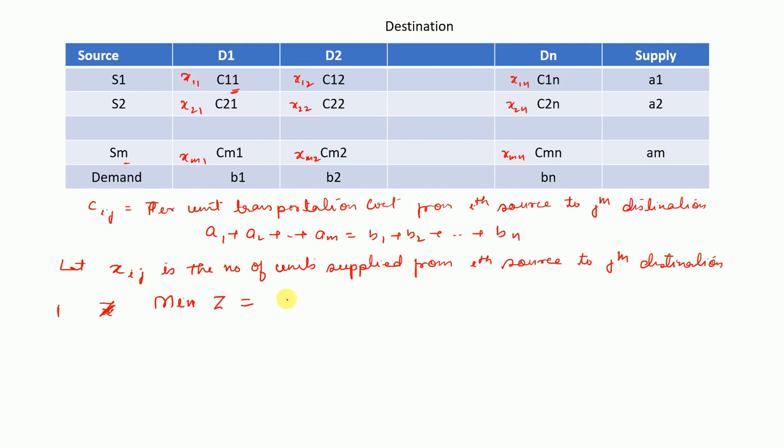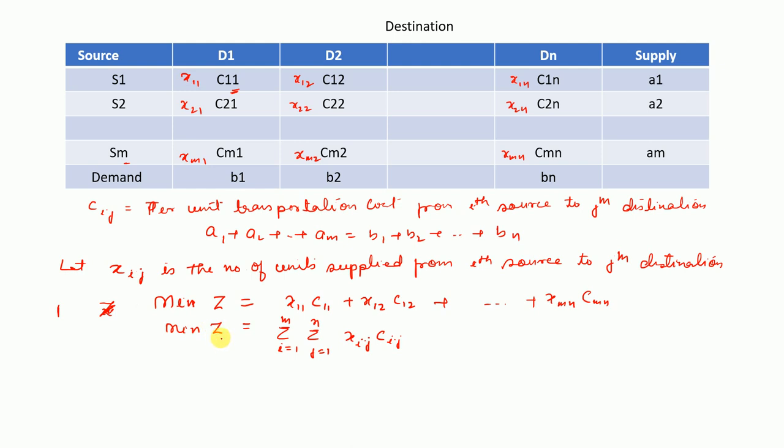So you can write x11 c11 plus x12 c12, and similarly you move across columns, up to the last term xmn cmn. In short, you can write the sum over i equals 1 to m for rows, and the sum over j equals 1 to n for columns, of xij cij. So this is the objective function, minimize z.